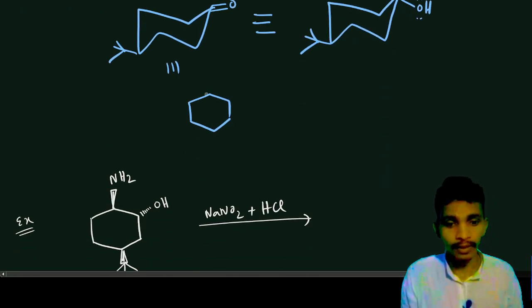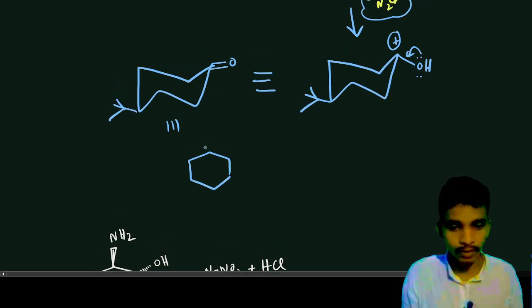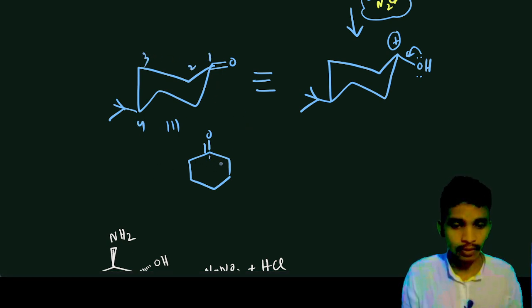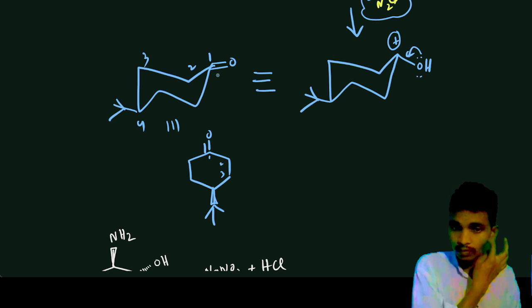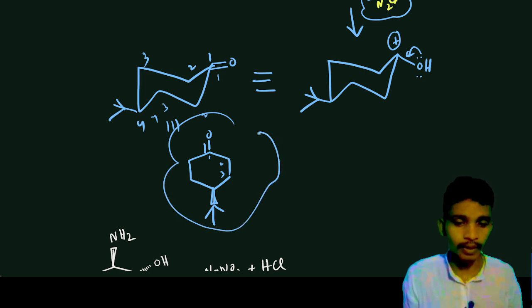Okay, and now what we'll see is this, and let's say 1, 2, 3 and 4. Here we have these groups. So this is the answer for this question.